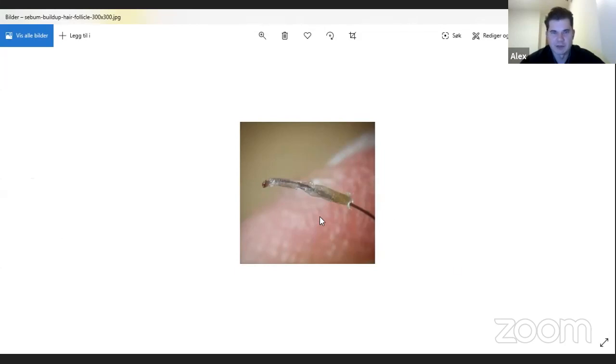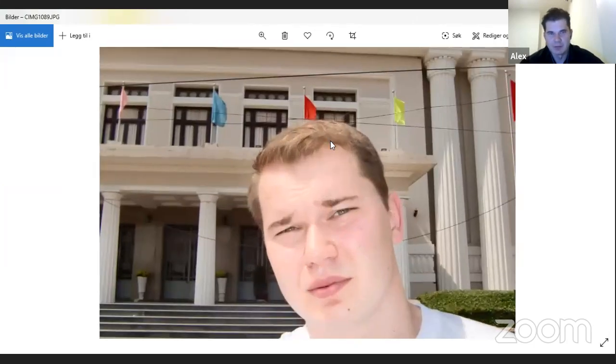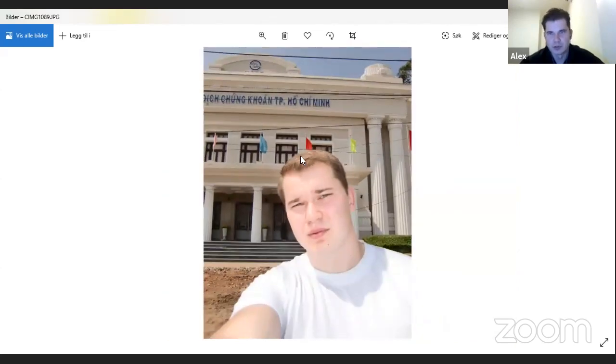I remember when I was having this problem, I could just take my hairline and pull out 10 to 15 hairs in one pull, right? And all of them had this kind of ending. And this is how my hair looked at that time, just to give you a perspective of it.